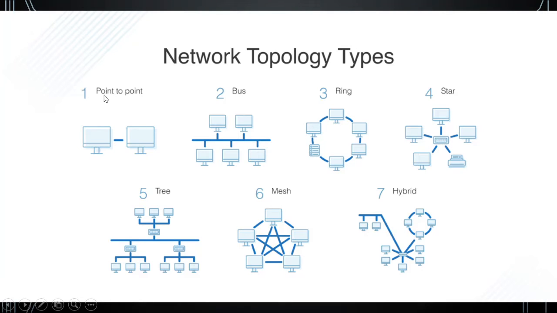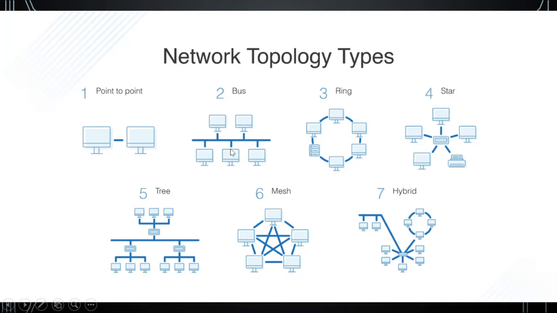Number one is point to point, that is two computers. Usually the type of cabling we use for this is the so-called crossover cable. The second type of network topology is the bus topology.